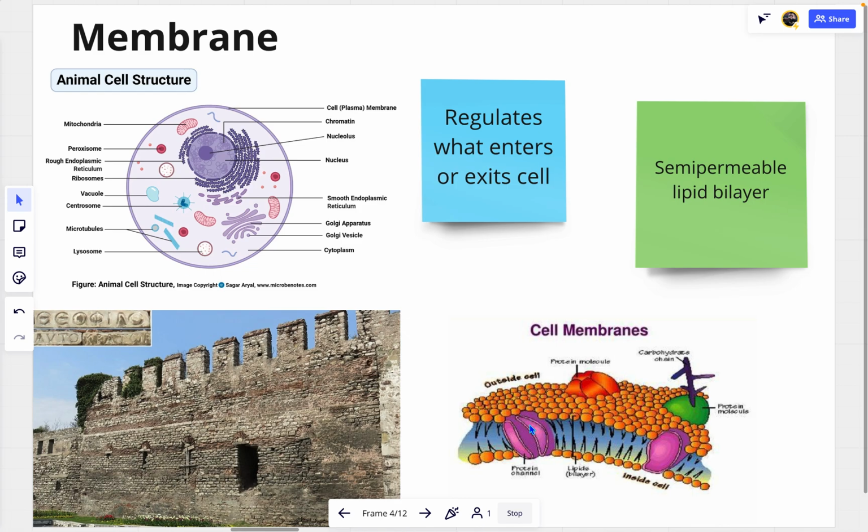By semi-permeable, I mean that some substances, for example water, can go in and out of the cell, but not others. For example, sometimes when viruses come, the cell membranes stop them. So yeah, they're like the guards of the city wall. This is a basic diagram of the cell membrane.